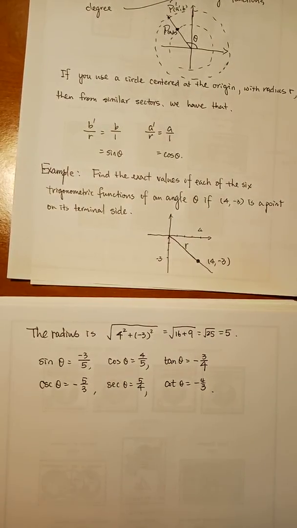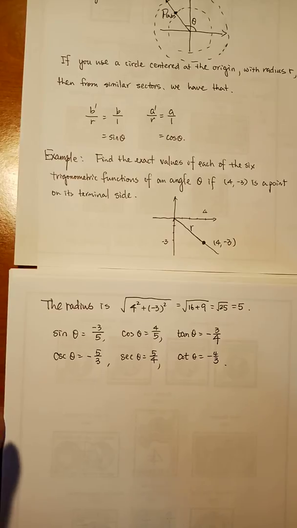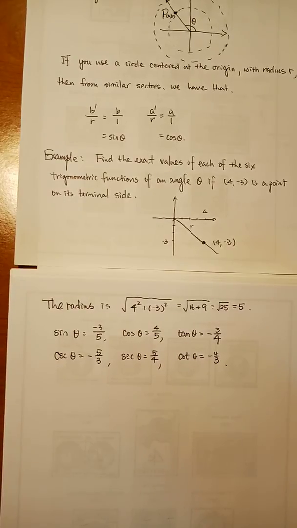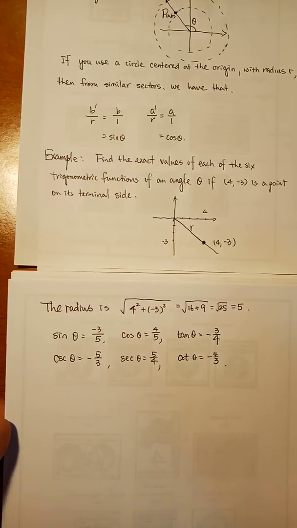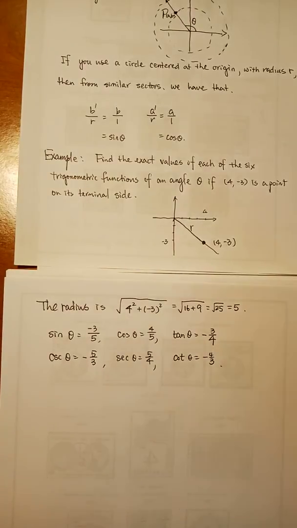Okay, so here we don't care about the value of the angle. We just determine one point on its terminal side, and then that is enough. Okay, so that's the definition for the trigonometric functions of any angles based on the unit circle.